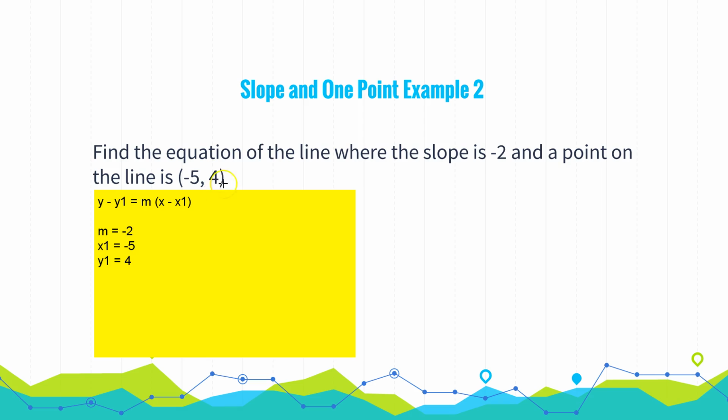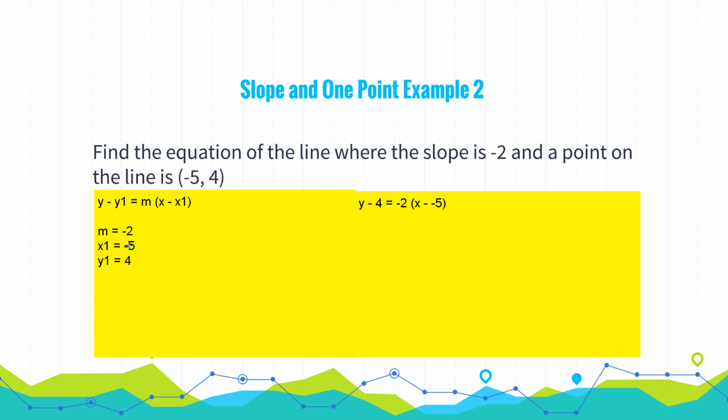So if we plug all of those pieces into another equation, which I will do on the right-hand side, you get, let's see, y minus 4, my m value is -2, and my x1 value is -5.